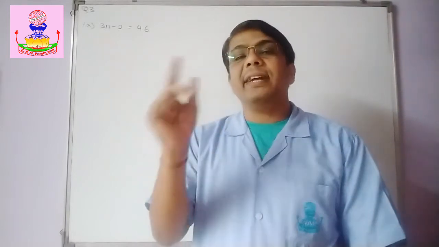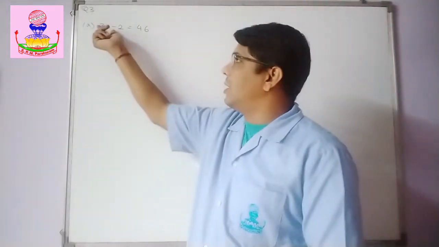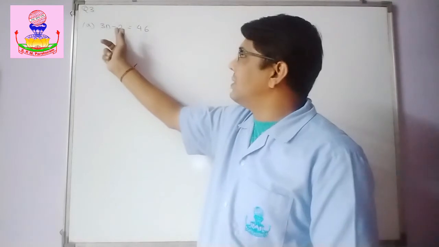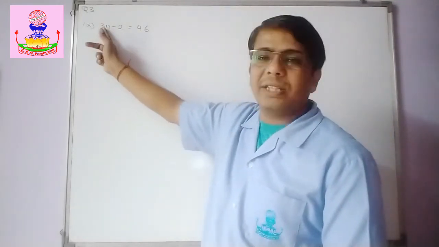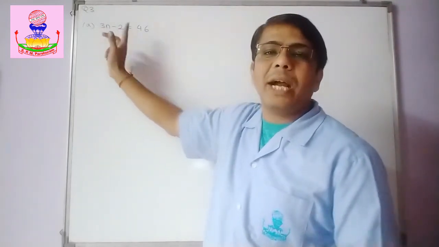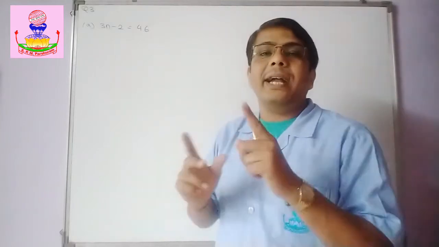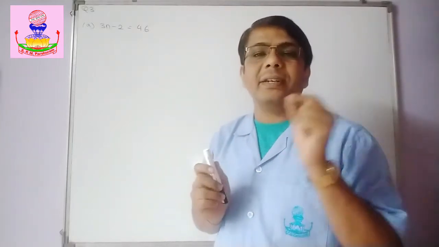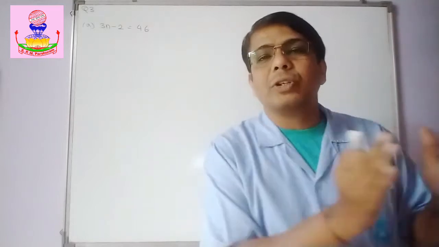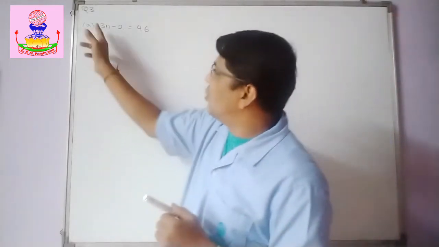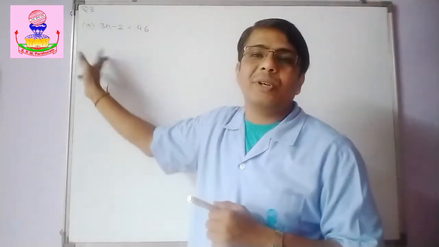In such cases, what is to be done first? If a number is in addition or subtraction with the variable, here 2 is subtracted, this 2 has to be removed first. So added and subtracted numbers should be removed first, and then go for the multiplication and division.